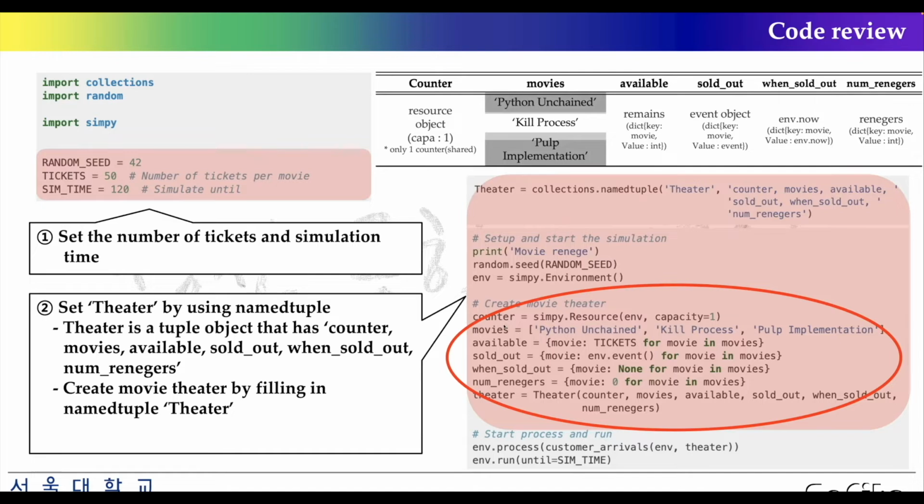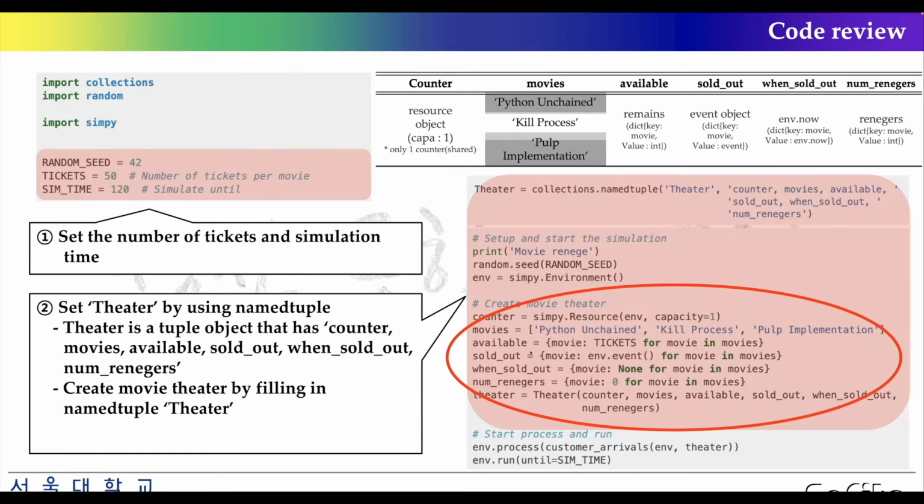First one is counter. Counter is a SimPy resource object that will be stored in this named tuple variable. And also the movies will be stored as an array or list. There are 3 movies: the Unchained, Kicker Process, and Purple Implementation. Those are the names of the movies, and these movies will be stored here.